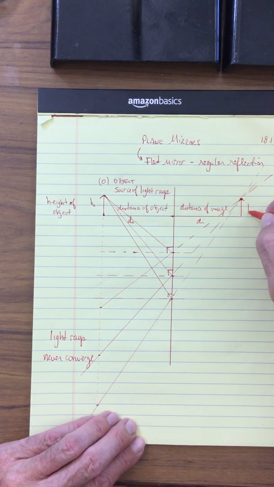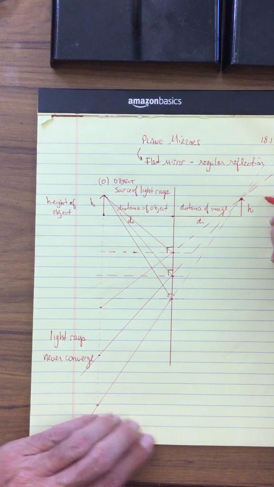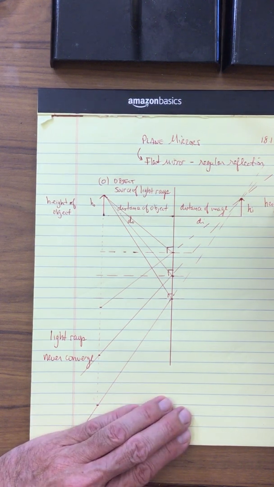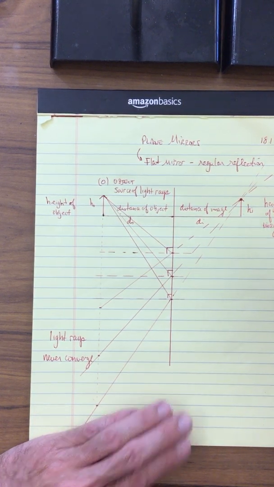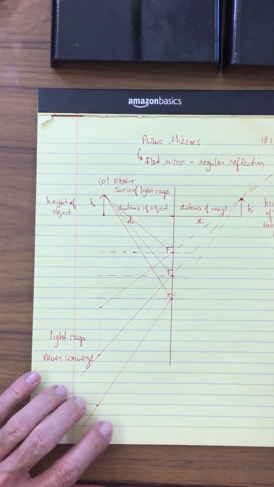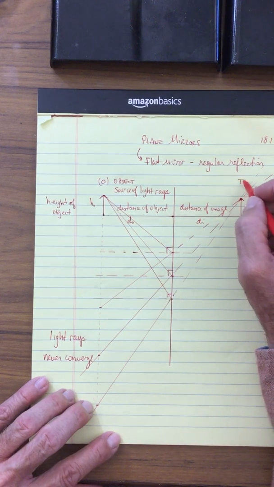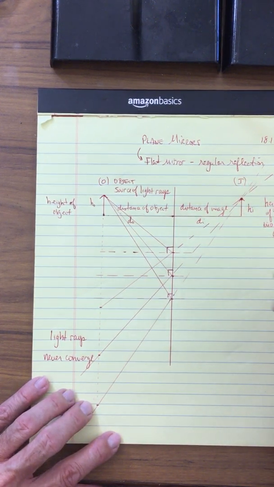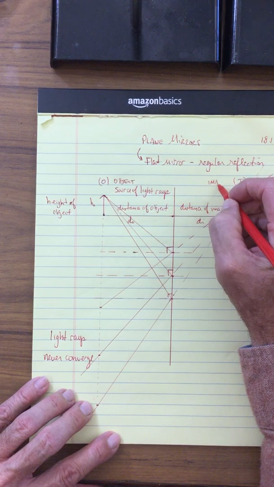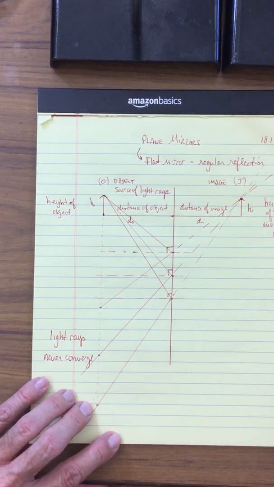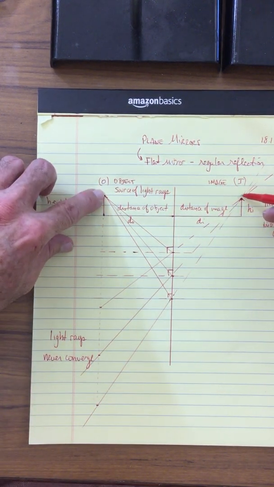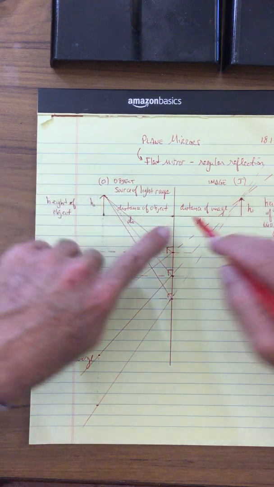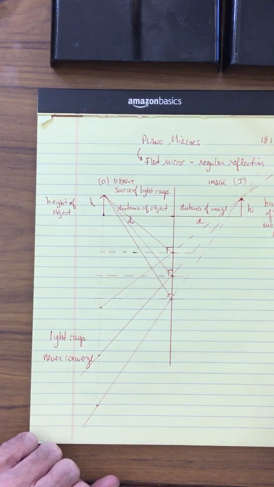And this is going to be the height of my image. Over here on this side, we have the capital I for the image. In theory, it should be the same height as the object and the same distance away.